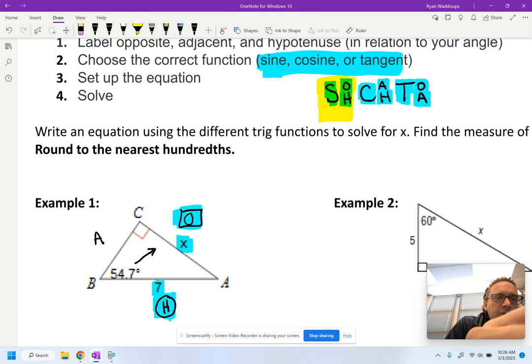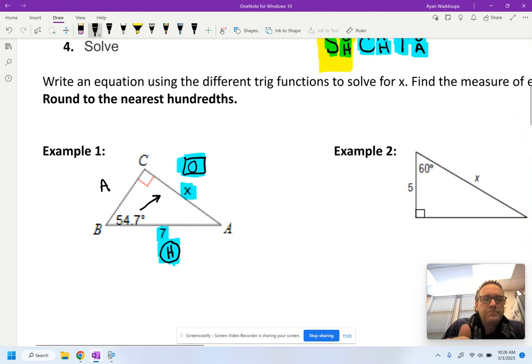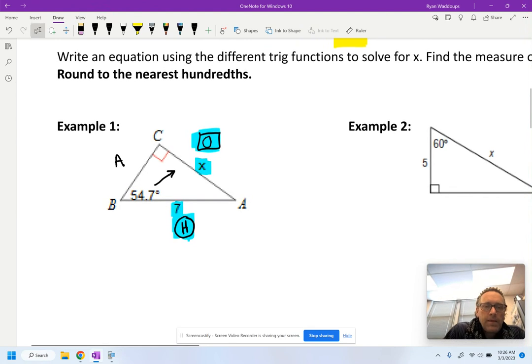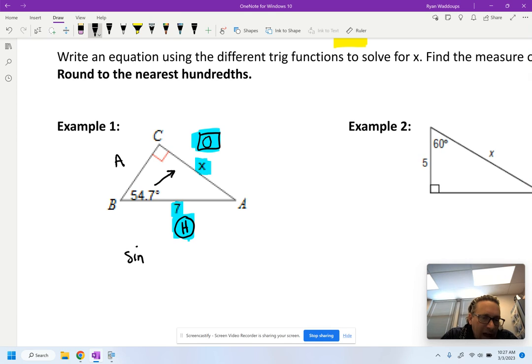And so I'm going to write out my equation. Whenever you have one of the trig ratios, sine, cosine, tangent, what immediately follows is the angle. And if you know the angle, then you put it like this case.